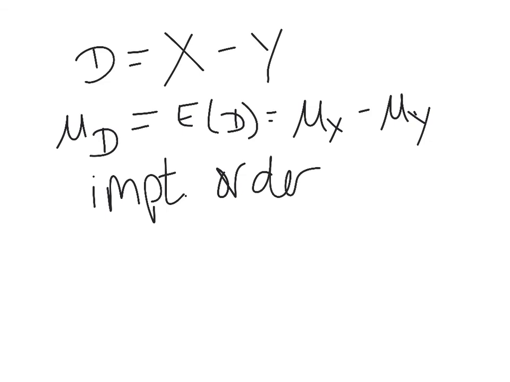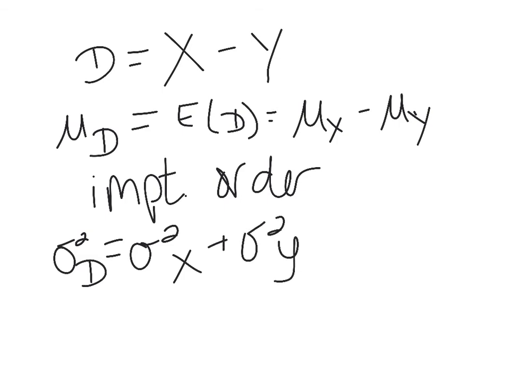My variance for D is going to be the variance of x plus the variance of y, which will then allow me to calculate the standard deviation. So even though I'm subtracting, looking for the difference between these two random variables, I still am going to add the two variances together.